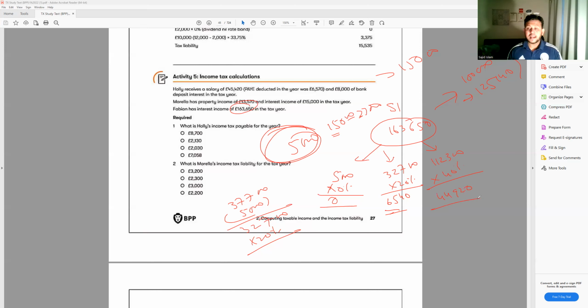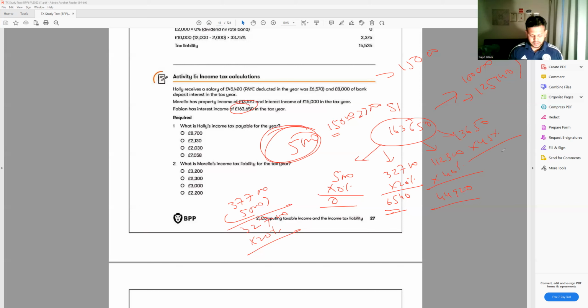44,920. And finally, the difference between the 150 and 163,650. So let's do that. My 163 is the total saving, 163,650 minus 150,000. That gives me 13,650. I have to pay the additional rate, that is 45%.